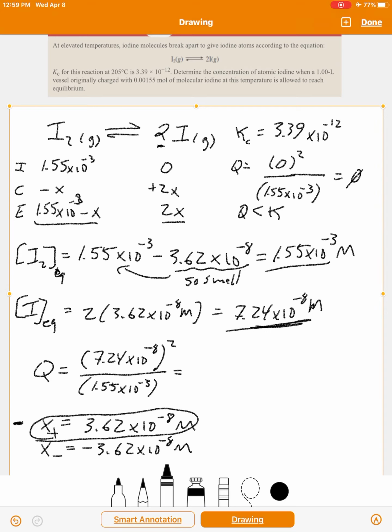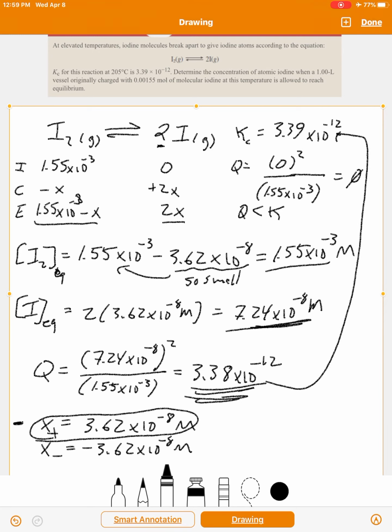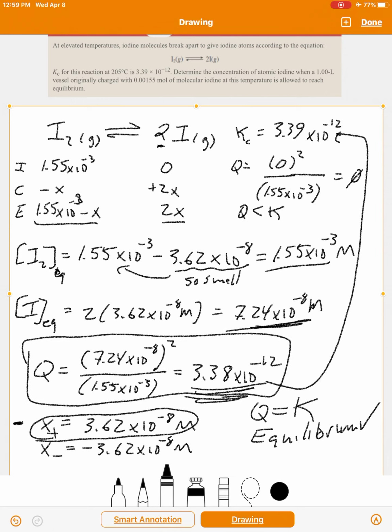Doing this calculation comes out to about 3.38 times 10 to the minus 12. Well, that's pretty darn close, right? That's almost what we got there for K. So Q is pretty much equal to K, so that means we're at equilibrium, and that means we did our calculation correctly. That last bit there is a little check just to see if you got the right answer. The fact that it comes out to the same value as K means that you got the right answer, okay?